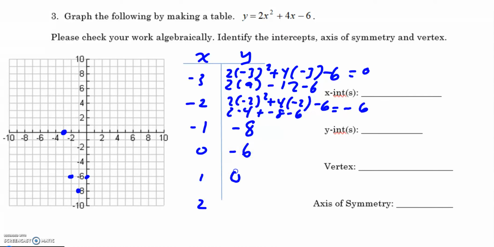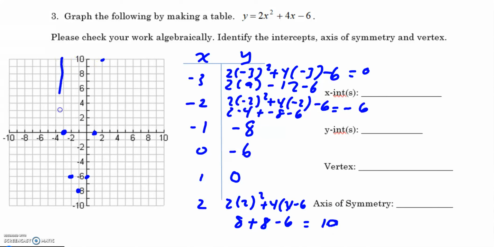So now we're going to have a 0 on both sides. Check me if you want to. And then lastly, if I plug 2 in, 2 times 2 squared plus 4 times 2 minus 6. That's 4 times 2, 8, plus 8 minus 6 is 10. So I have my last point of 2, 10.